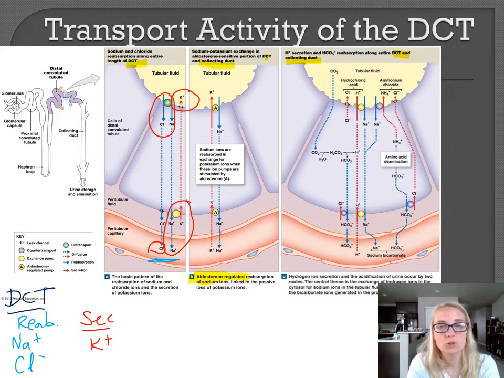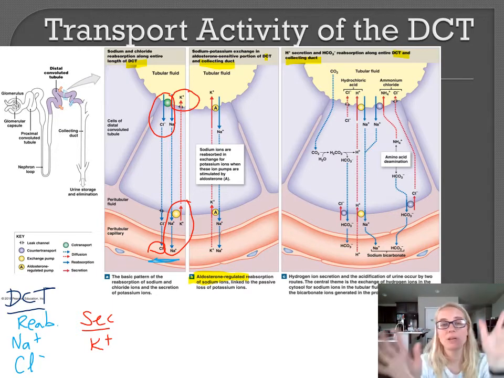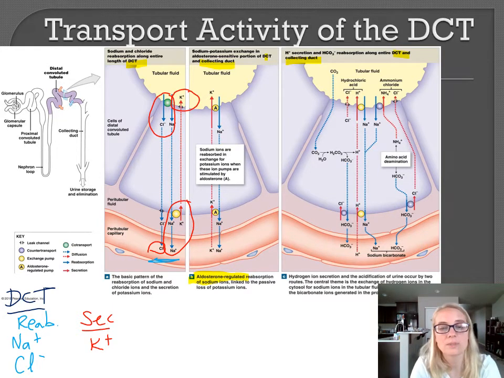So whenever aldosterone shows up to these simple cuboidal epithelium, it binds the receptor and triggers a transduction of a message to say, hey, we need to put up more sodium-potassium pumps on the surface. And so what we end up getting is the reabsorption of sodium, the secretion of potassium, and what's not shown here, anybody want to take a guess?